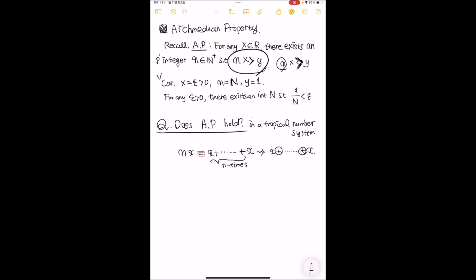So in the tropical number system, nx is defined like this.